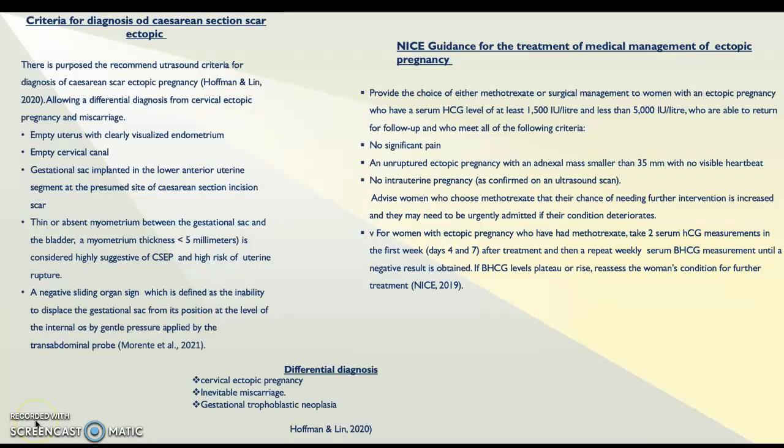There is a proposed recommended ultrasound criteria for the diagnosis of Caesarean section scar ectopic as seen on the current screen, allowing a differential diagnosis from cervical ectopic and miscarriage. The differential diagnosis can also be seen at the bottom of the screen.